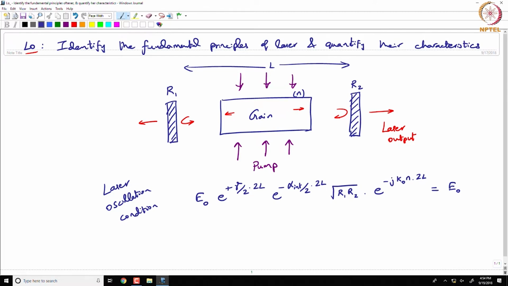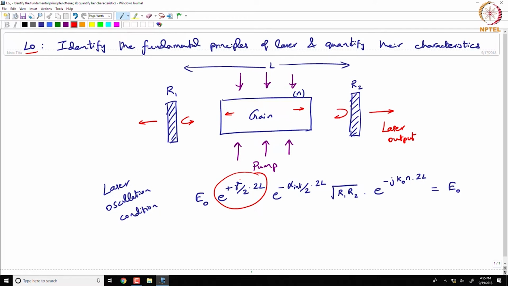Well, E naught is the original field without amplification, but after amplification, where the amplification is denoted by what's happening over here, that is the amplification term. After amplification, the fields are certainly increasing, it is a higher value, but it still has to overcome the losses within the cavity. So, we are basically saying this is the minimum condition to achieve laser oscillation.